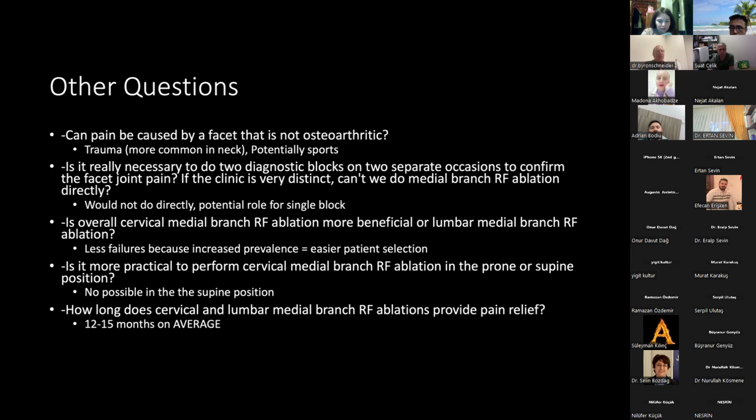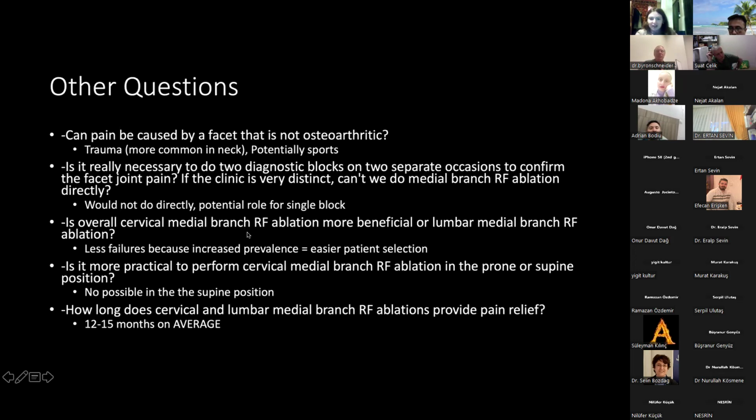And it may not affect our outcomes with RF very much if we do 1 block instead of 2. But I could do a whole hour-long talk on doing single versus dual blocks. But I would say, based off of how I interpret this data, that we should probably most often at least do 1.